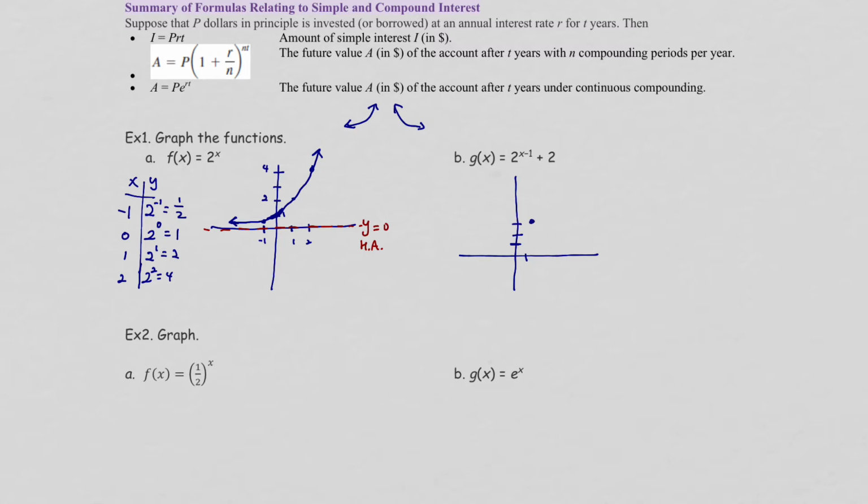And for your horizontal asymptote, from y equals 0, move up 2 and right 1, so y will never be equal to 2. That will be your horizontal asymptote on that problem. So your graph should look exactly the same shape, but going up 2 and moving right 1 unit.